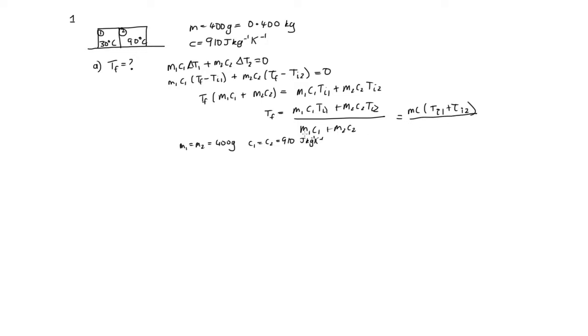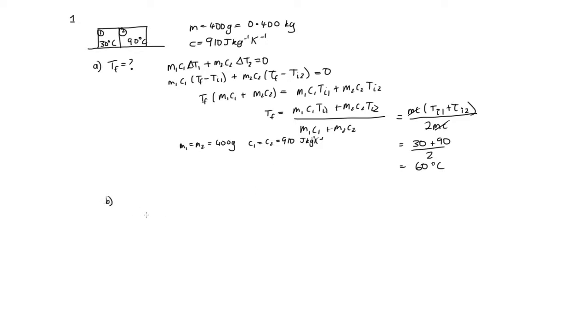And then down the bottom, this is MC plus MC, so that's 2MC. These cancel, and so this is just the initial temperature of 1, which was 30 degrees, plus the initial temperature of 2, which was 90, and then we divide by 2, and so that gives us 60. But like we said at the start, in this case, that's just taking the average of those two temperatures. But this would work even if the masses were different and they were made from different materials.